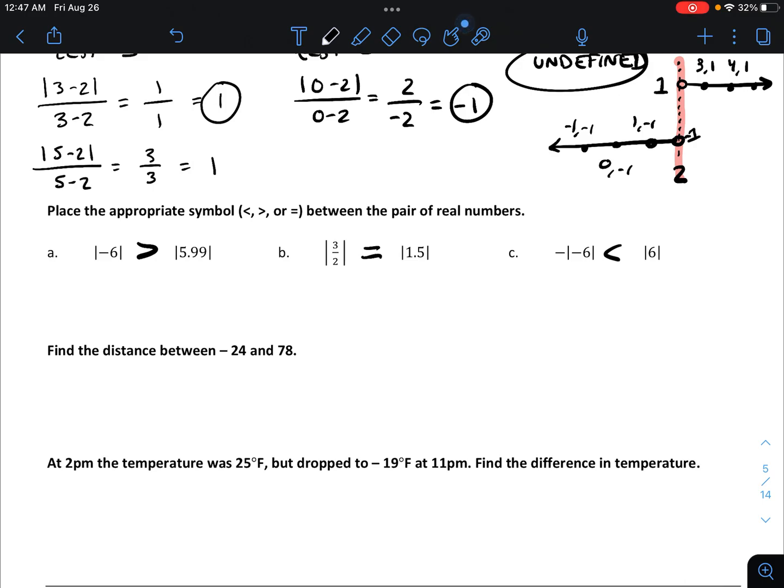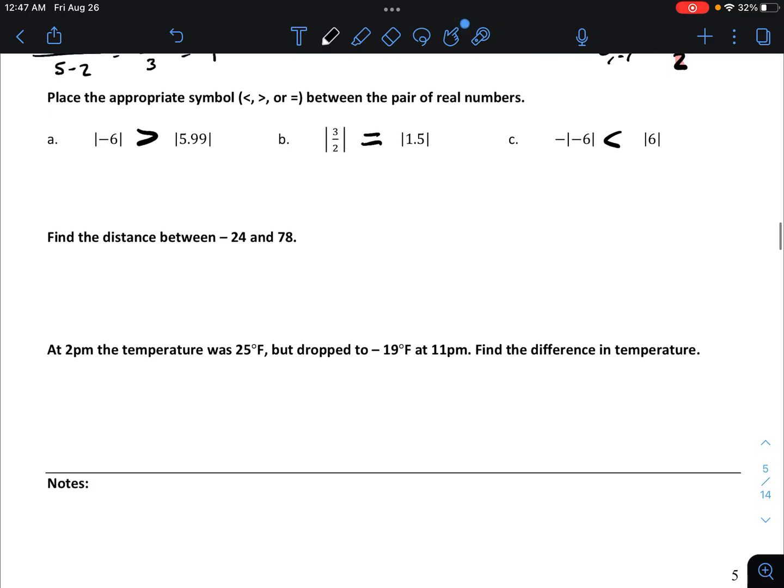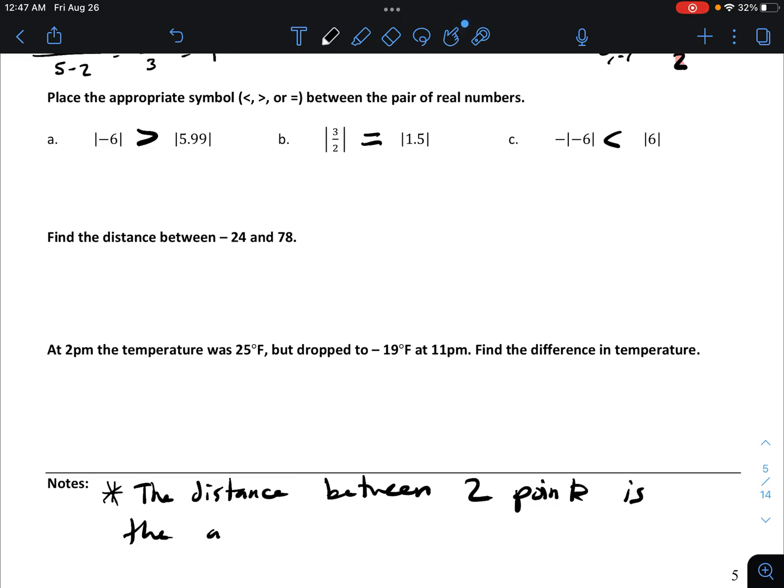All right, and the answers are up there. Now, if I'm finding the distance between 2 points, and this is something that you maybe want to write in the notes down here, the distance between 2 points is the absolute value of the difference.